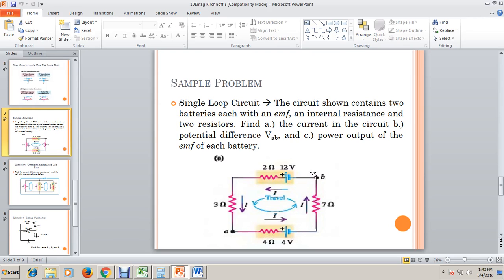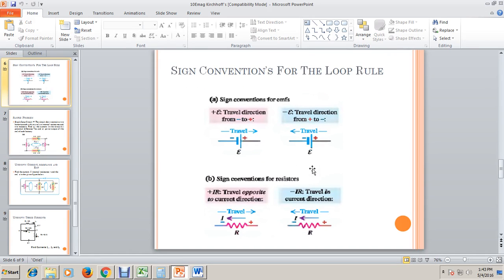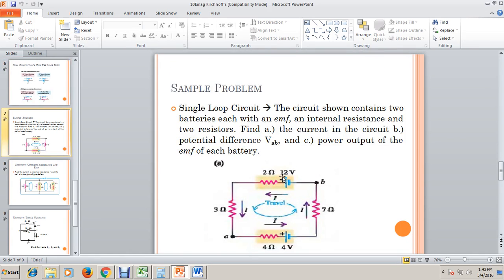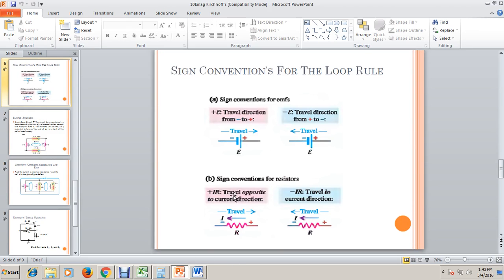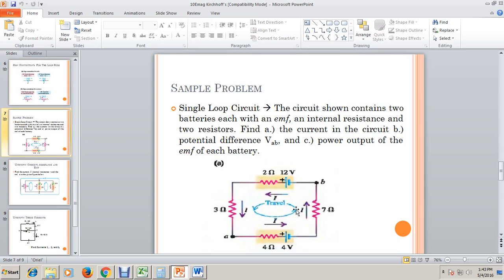Okay, so recalling the sign conventions, the first element that we consider in our analysis is the 12-volt battery. The sign convention for the power sources is based on the sign of the leaving terminal. Our direction of travel is assigned counterclockwise.